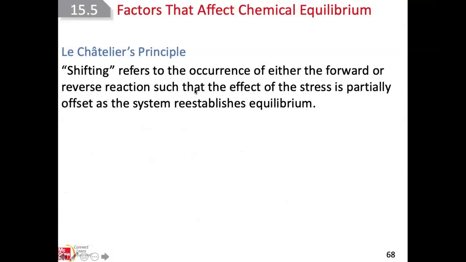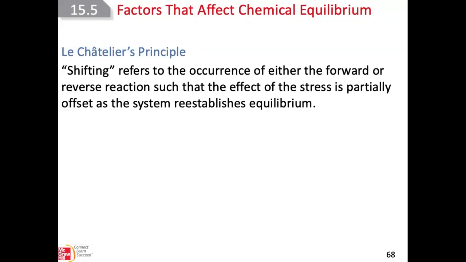Shifting refers to occurrence of either the forward or reverse reaction, such that the effect of the stress is partially offset as the system reestablishes equilibrium. Shifting means that when the stress is applied to the system at equilibrium, the equilibrium is disturbed.